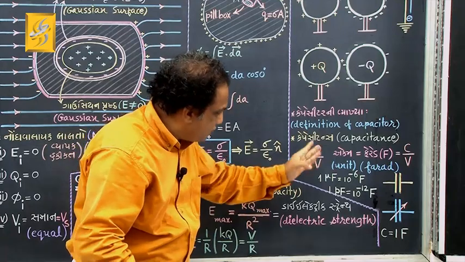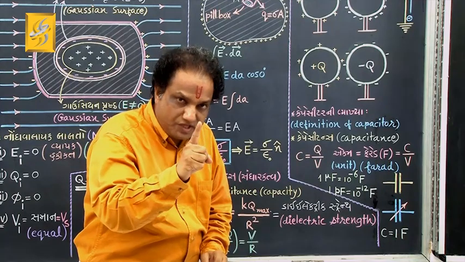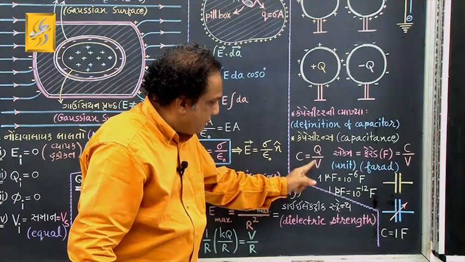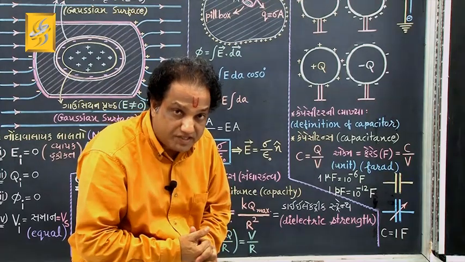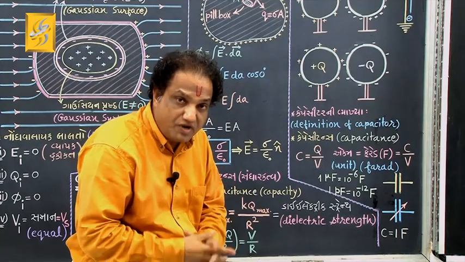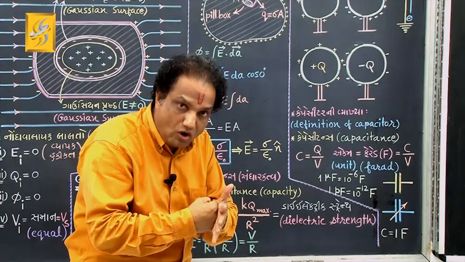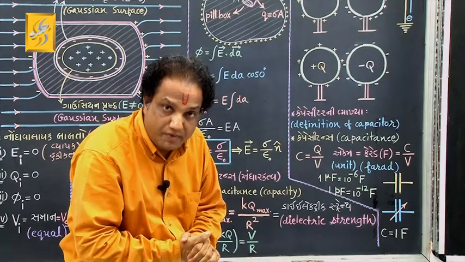Now using this ratio you can define capacitance this way. For a given capacitor, the ratio of the magnitude of electric charge on either of the two plates in that capacitor and the potential difference between those two plates is called the capacitance of that capacitor, shown by the symbol capital C.